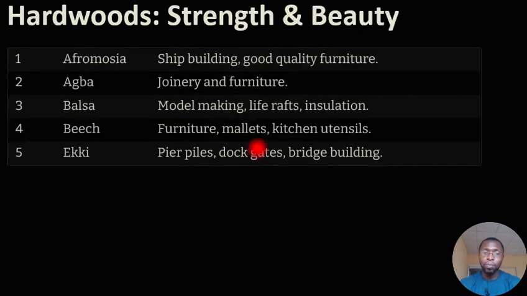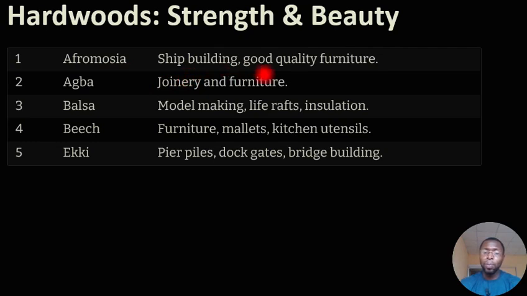All right. Now the other type of wood we have is the hardwood. The hardwoods are known for their beauty, and they are strong as well. Hardwoods are strong wood, and they are used for beautifying. One of the examples of hardwood that we have is called the Afromosia. The Afromosia hardwood is used for shipbuilding, just like that of softwood.